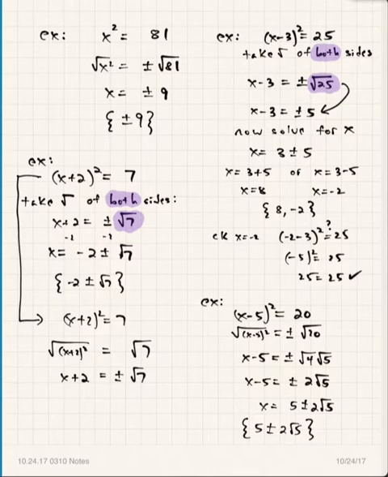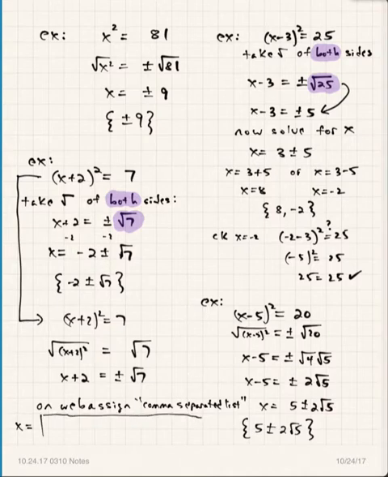Also, don't forget on WebAssign, when you work problems like this, a lot of times it's going to tell you to enter the solutions as a comma separated list. That's the way it's going to be worded, as a comma separated list. And so on WebAssign, it'll come up a lot of times and it'll have an X equals, and then there'll be a box here to put your solutions in.